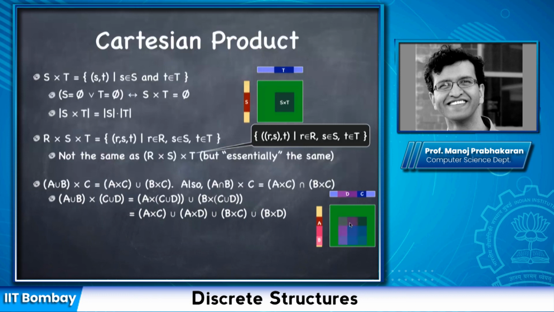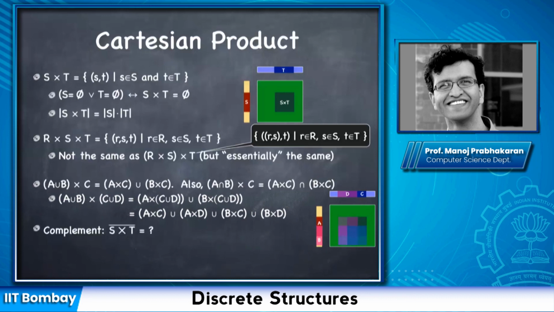Now you have these extra boxes here, and that could be seen as a union of four things, namely A cross C, B cross C, A cross D and B cross D. So that is the cross product of (A union B) cross (C union D), and similarly the intersection, (A intersect B) cross (C intersect D), is the intersection of those four boxes.